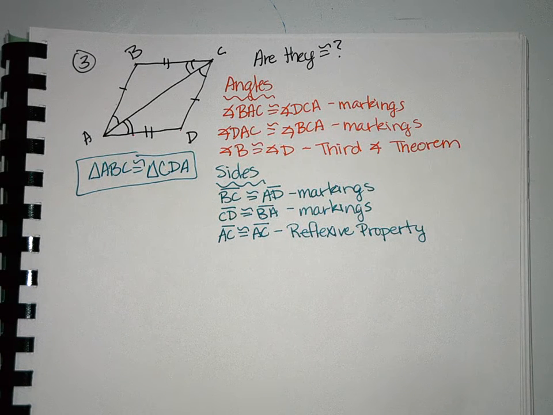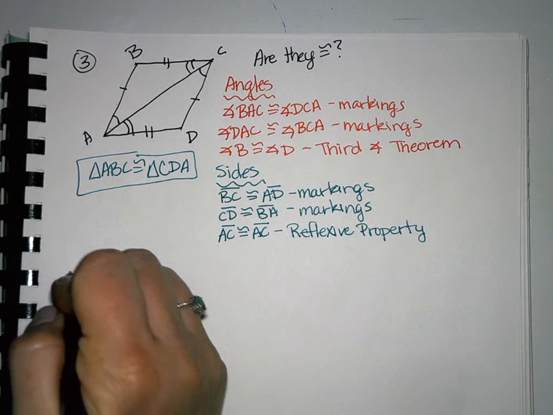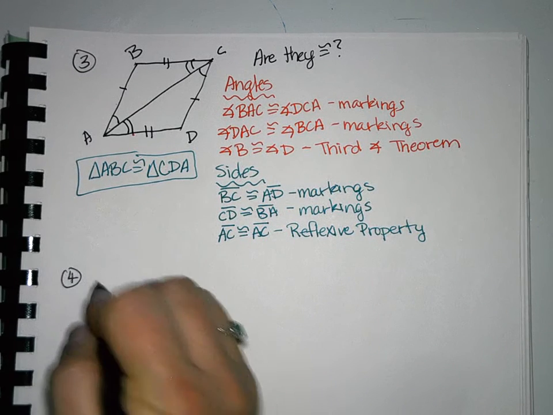Okay, so like I was saying, on your assignment, you do have about 3 of these where you're going to be going through this process just to see, are they congruent? The last 2 types that you're going to have, you're going to be told that these are congruent.